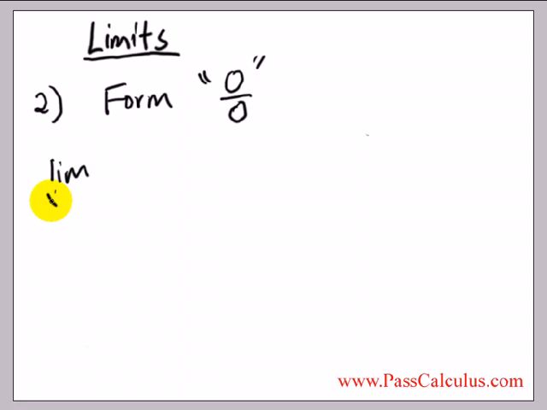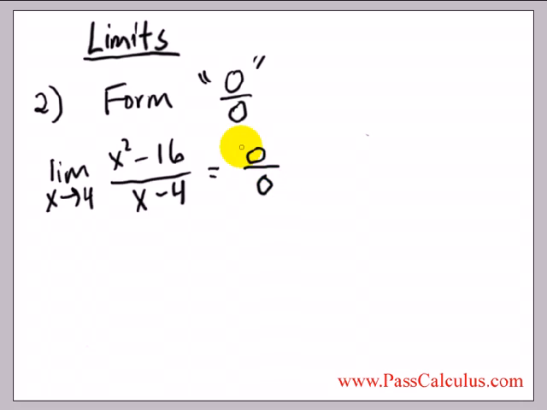Now, let me give you an example of this kind. Say the limit as x goes to 4 of x squared minus 16 over x minus 4. So we put the number 4 in here, right? 4 squared is 16. 16 minus 16 is 0. So the top is 0, and the bottom is 4 minus 4, and that's 0 too. Now sometimes I see students writing some stuff like this. Okay, this is total nonsense.